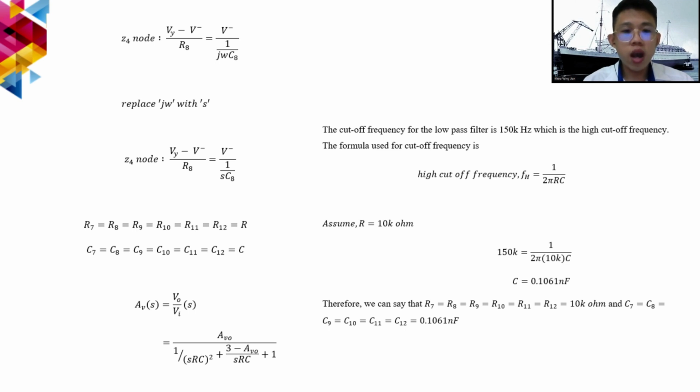We assume that R is equal to 10K ohm, so the C is equal to 0.1061 nano F. Therefore, R7 until R12 is equal to 10K ohm, and C7 until C12 is equal to 0.1061 nano F.